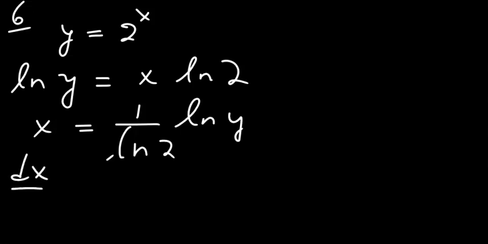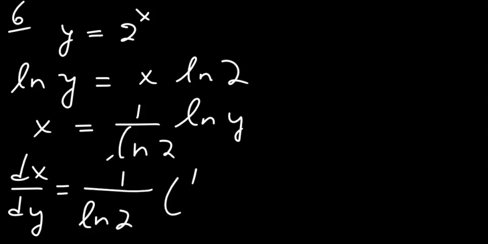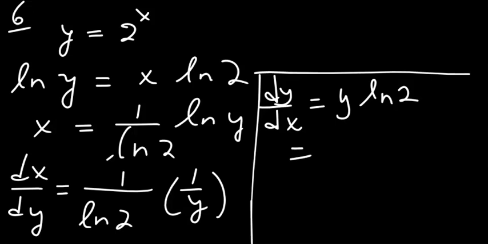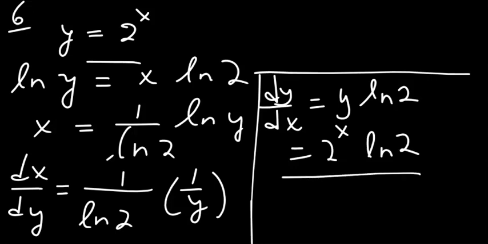So let's first compute dx/dy, and that is just 1 over ln 2 times 1 over y, because the derivative of ln y with respect to y is 1 over y. So what that means is dy/dx is y times ln 2. Since y is given by 2^x, you get 2^x ln 2 as the final answer.